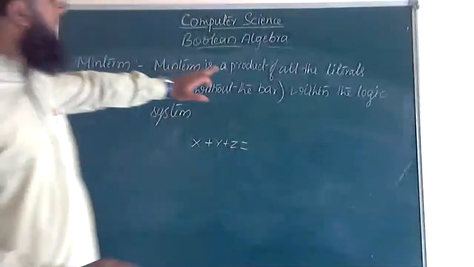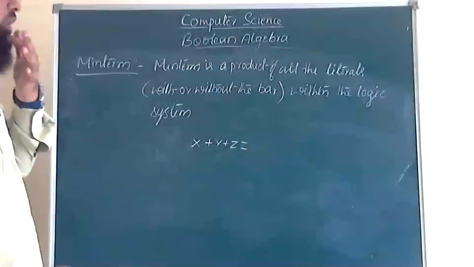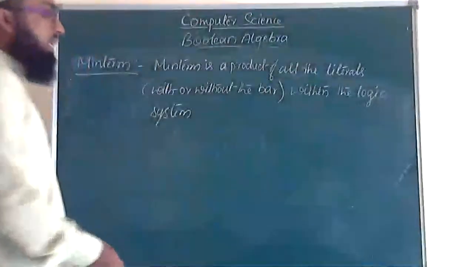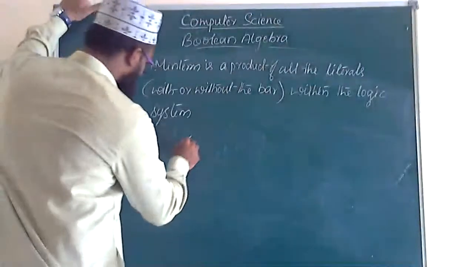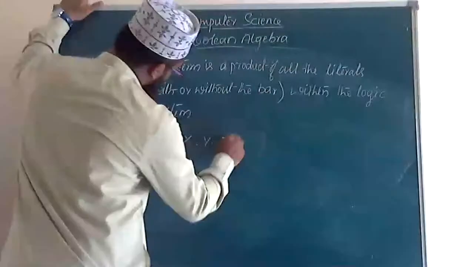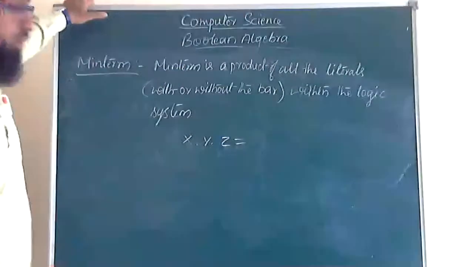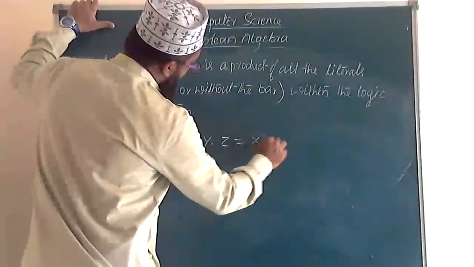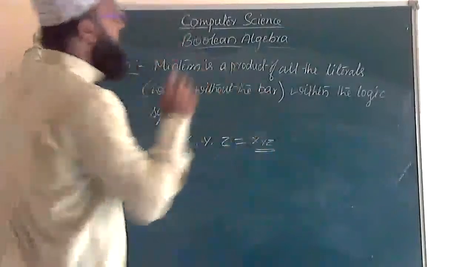Min term is a product of all the literals, not the sum of all the literals. It is a product of all the literals. Now I will take x into y into z, what will it become? xyz. This is called the min term.